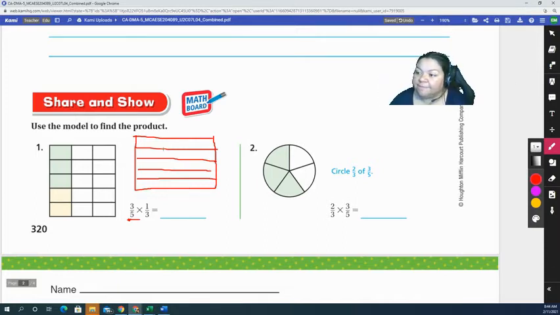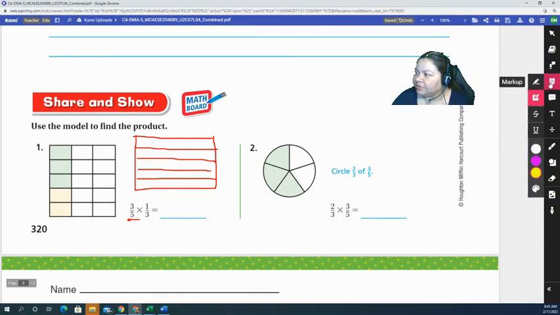Now, out of those 5 rows, I will shade in, and I use the markup tool. I'm going to do it with blue, or they did it with green. Let me do it with green so you could see how it relates to their diagram.